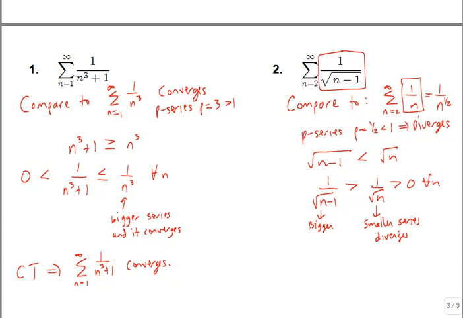That means that the bigger series, which has to be larger than this, must diverge as well. So the comparison test tells us that the sum of 1 over square root of n minus 1 from n equals 2 to infinity must diverge, because the smaller series that we were comparing it to, we know diverges as well.